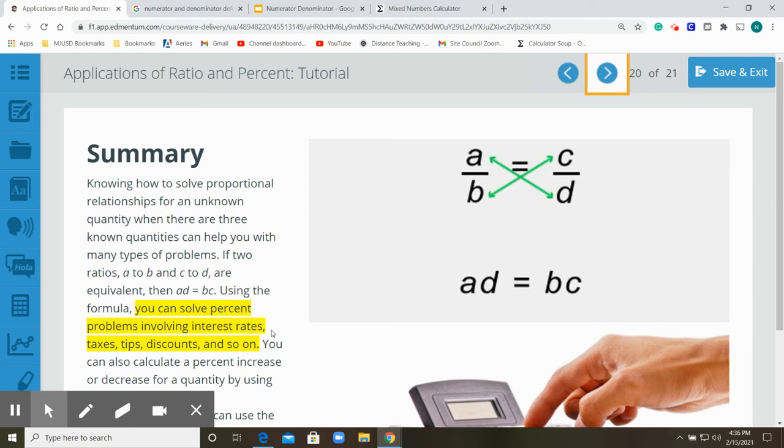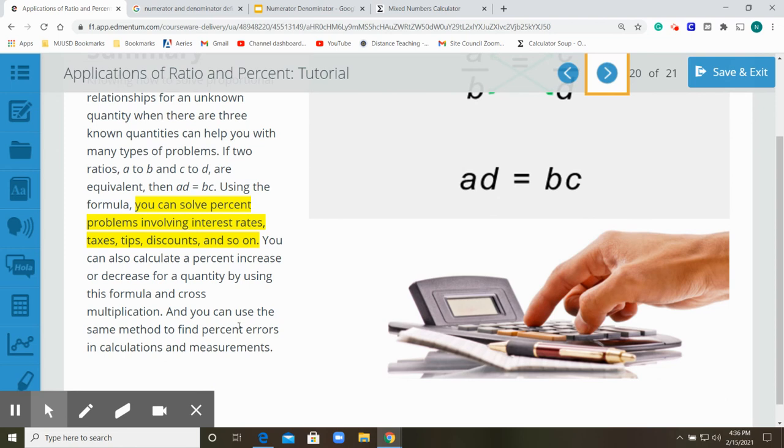You can also calculate a percent increase or decrease from a quantity by using this formula and cross multiplication. And you can use the same method to find percent errors in calculations and measurements.